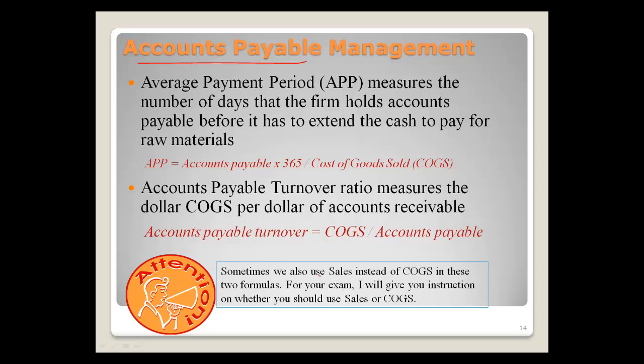Sometimes we use sales instead of cost of goods sold in these two formulas. In your exam, I will give you instruction about whether you should use sales or cost of goods sold. In practice either way is fine, but in the exam I will specify.